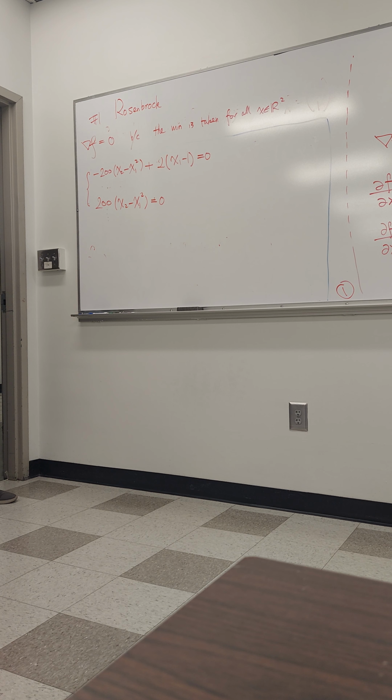If a point satisfies the first order necessary condition and this function is apparently smooth, it has no absolute value whatsoever, so it has to be 0. Now let's set this to be 0. We simplify a little bit, so we have minus 200 times x2 minus x1 squared.